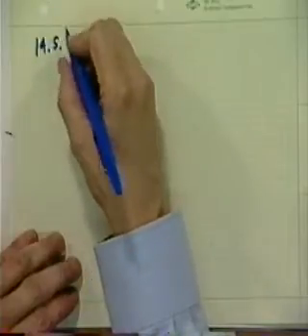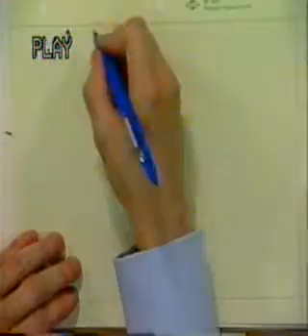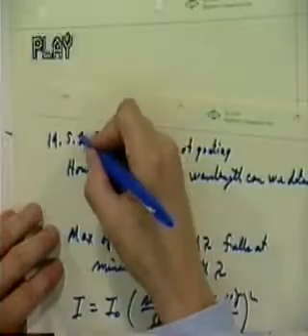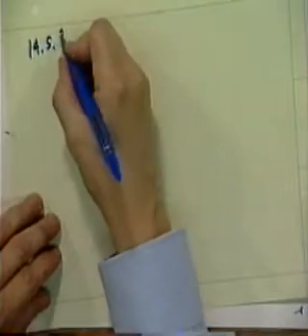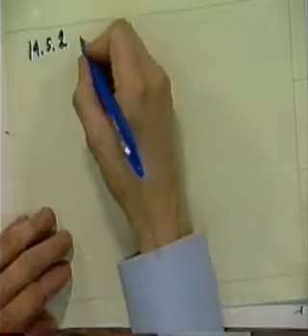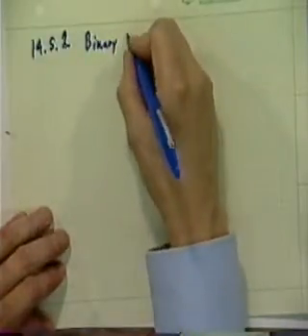Let me go back and change this to a 1 here, 14.5.1, and then I can make that 14.5.2. In any case, the title here is Binary Phase Grating.